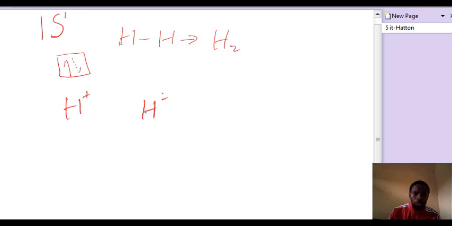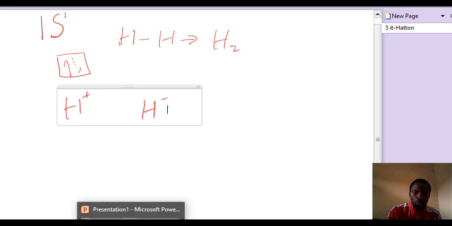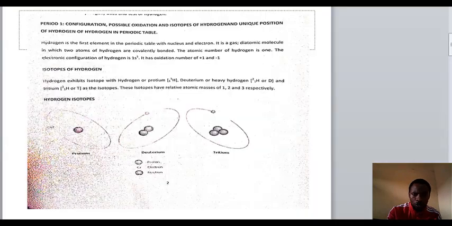So hydrogen has that unique property of belonging to two different oxidation states.